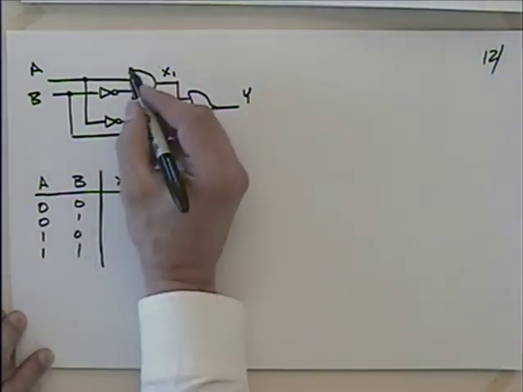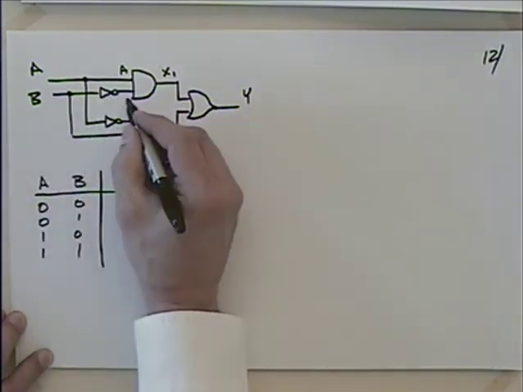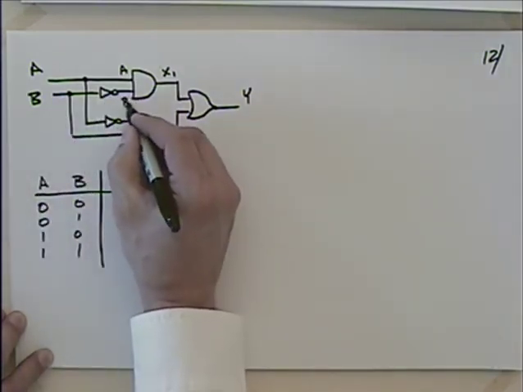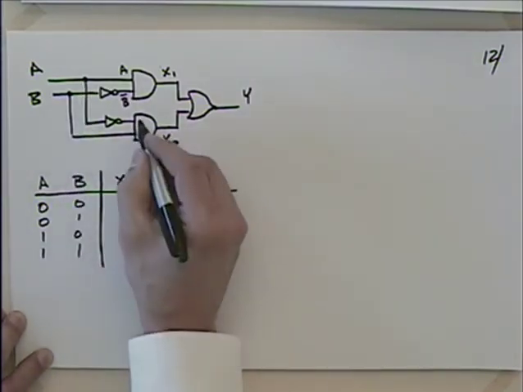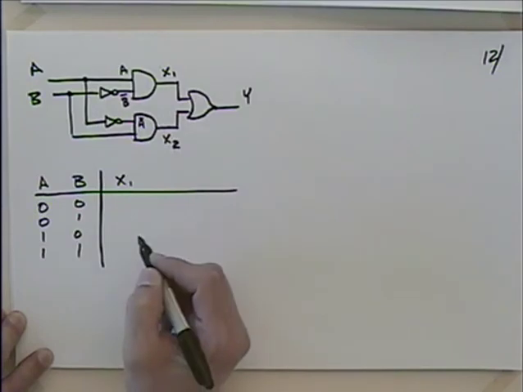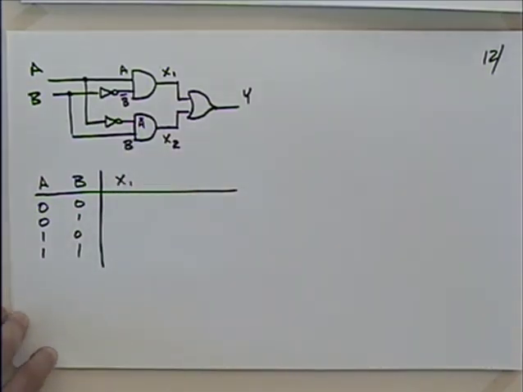If I look at this, this would be whatever A is, that's just going to pass through. And then B, this is going to be not B, isn't it? Whereas when we get down here, what's this going to be? Not A, isn't it? Whereas this is just good old B, isn't it? Okay.